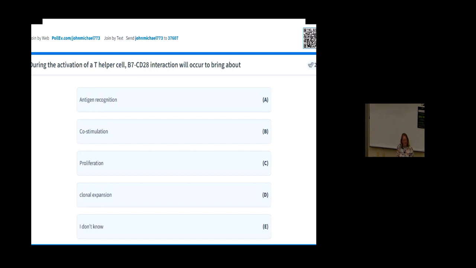We'll get through it. But the question here is, during the activation of a T helper cell, the B7-CD28 interaction occurs to bring about: antigen recognition, co-stimulation, proliferation, clonal expansion.